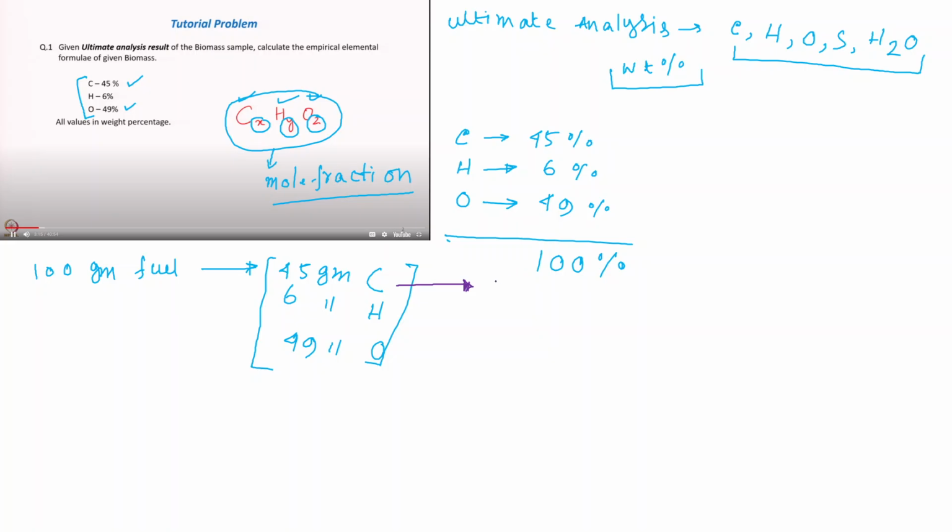The molecular weight of carbon is 12. The molecular weight of hydrogen is 1. The molecular weight of single O is 16. Molecular weight means 12 gram per 1 mole for carbon, and 1 gram per mole for hydrogen.